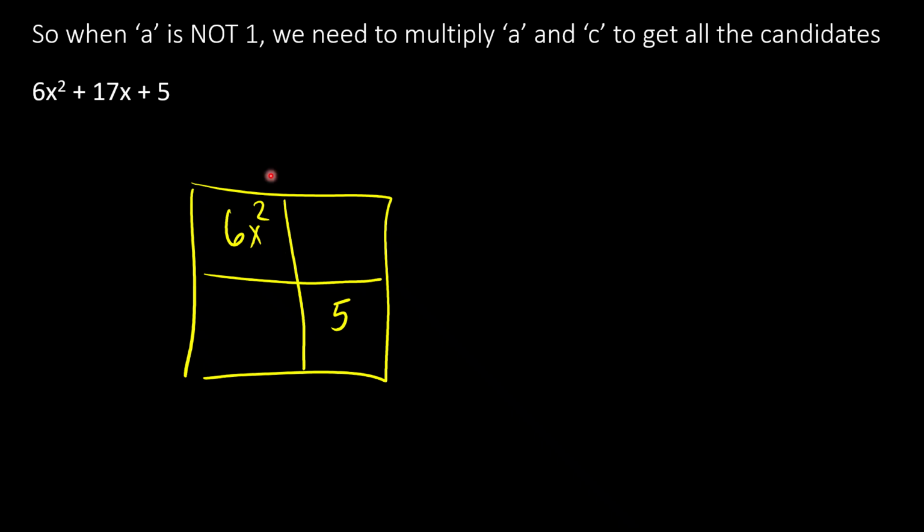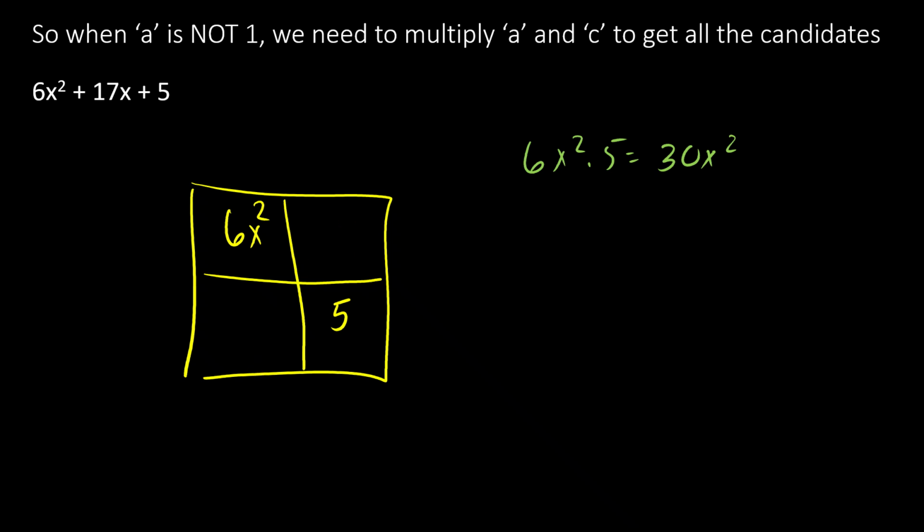This, however, could factor into a 6x and an x, or a 2x and a 3x, and it might be in different places, but they are going to come into play because they are going to multiply into these boxes. So to make sure that I grab all of them, now you could do 6x squared times 5 and say 30x squared, meaning that these two would have to multiply to give you 30x squared.